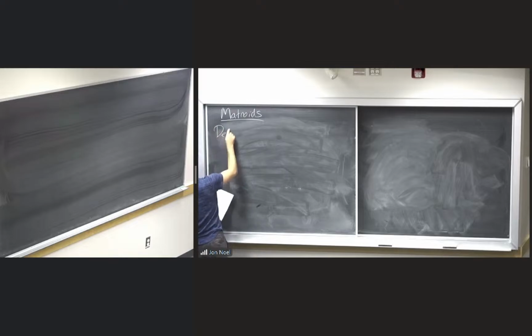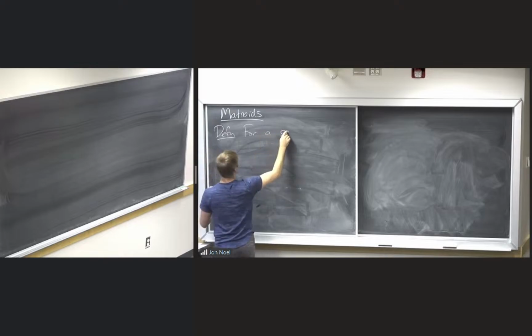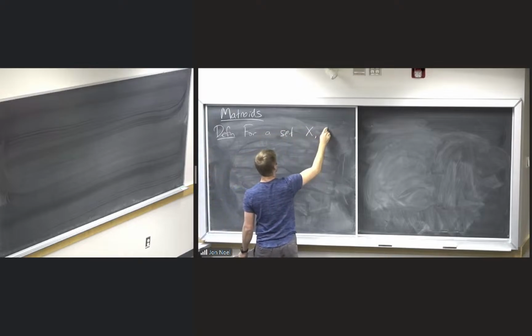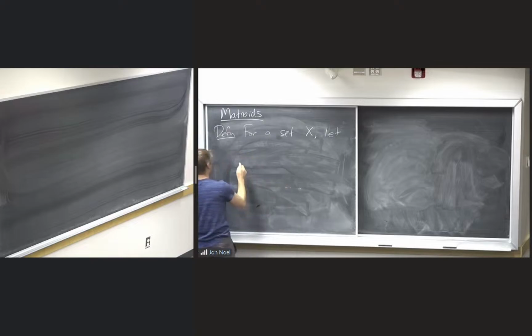So for a set, let's say X, let's define the power set of X. The way I'm going to write this is 2 to the X as the power set.